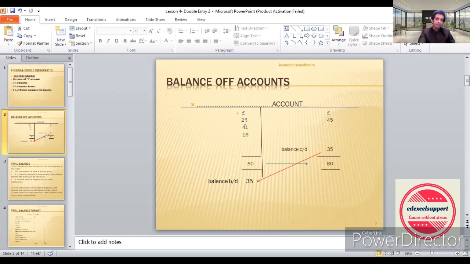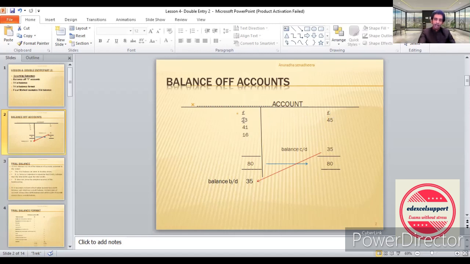The first step is to find the highest value. Where can we find the highest value? That is on your debit side, because 23 plus 41 plus 16, the total will be 80. But on your credit side, the total will be only 45.